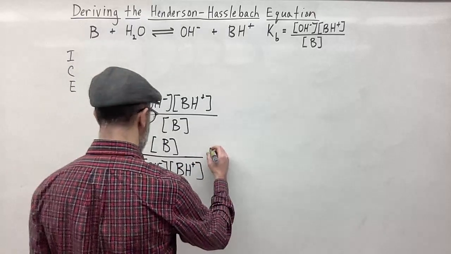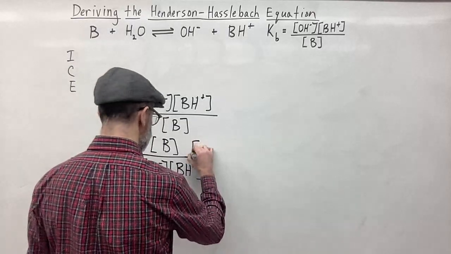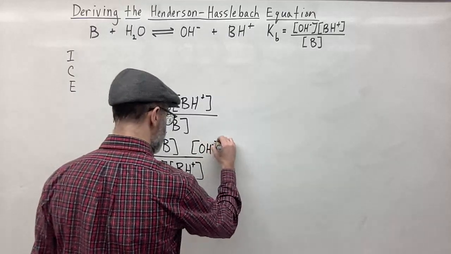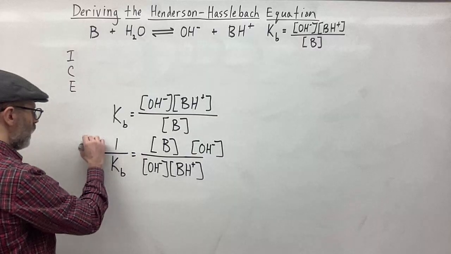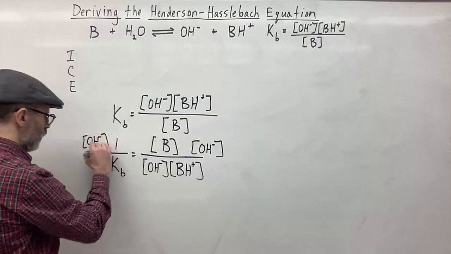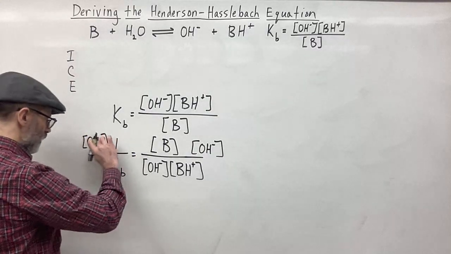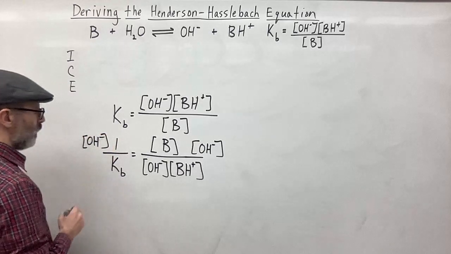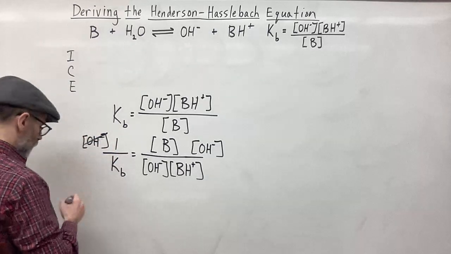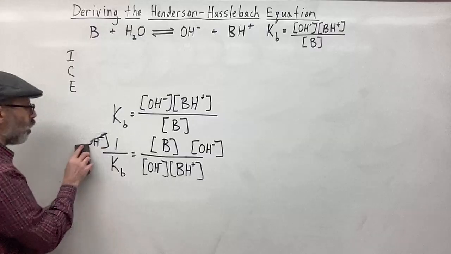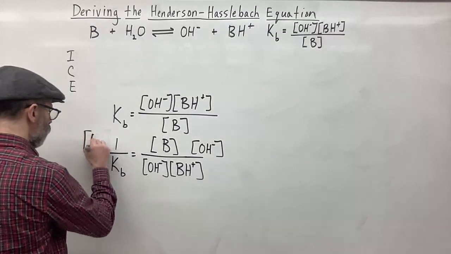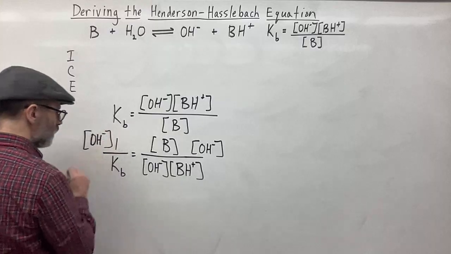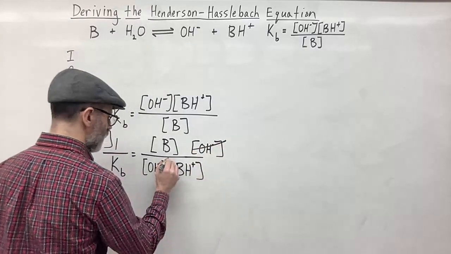Now I can multiply the hydroxide ion concentration on both sides. I'm going to multiply that on this side over here. Oops, canceled out the wrong side. So the OH minus concentration cancels out.